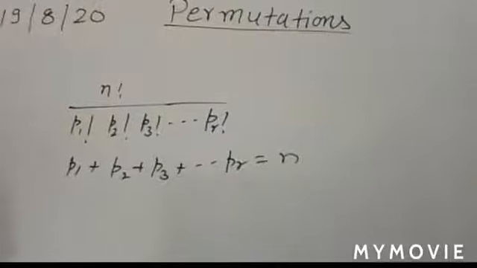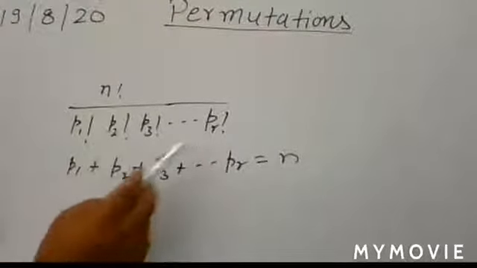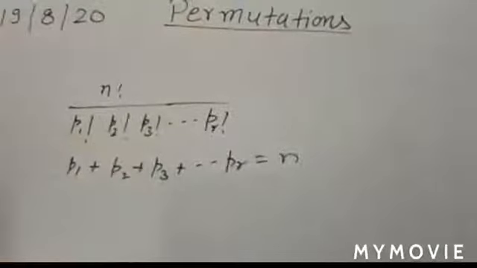For each repeated object, you divide by the factorial of the number of times it is repeated in the denominator. In this way you get the total number of possible arrangements under these conditions. Everyone noted this one.